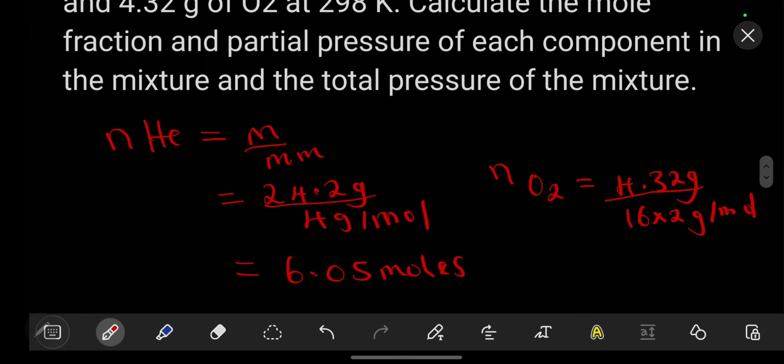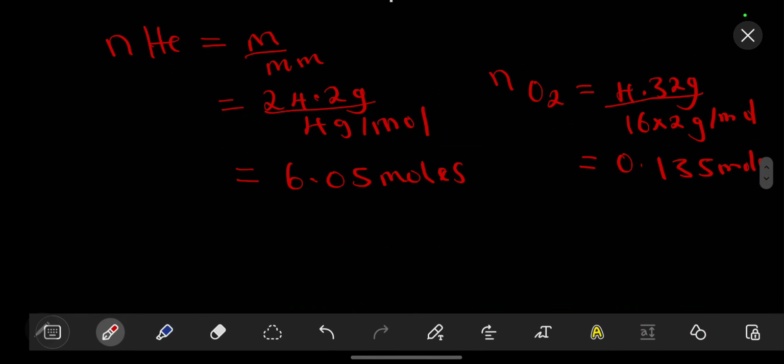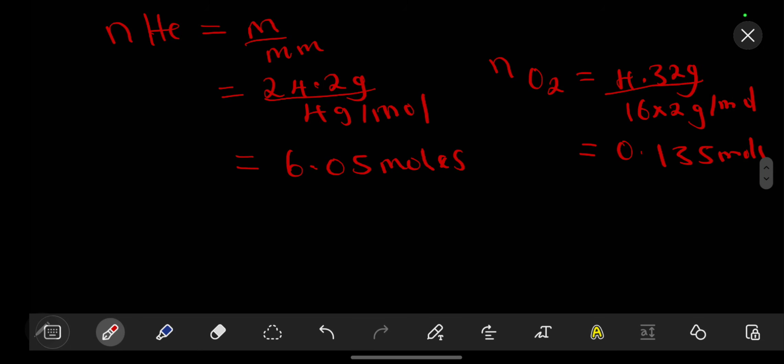Then when we do 4.32 divided by 32, we get 0.135 moles.